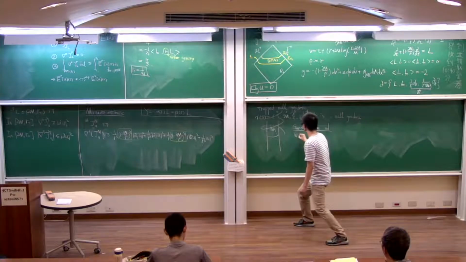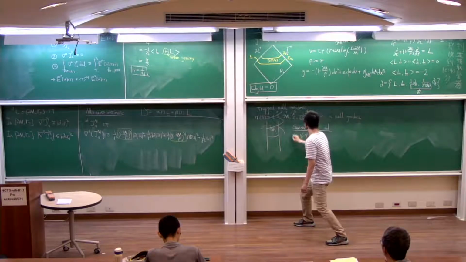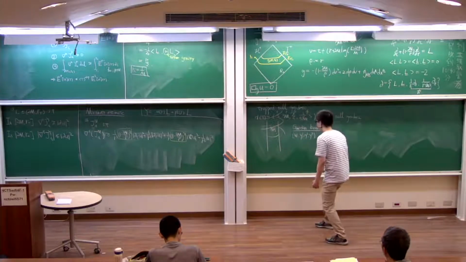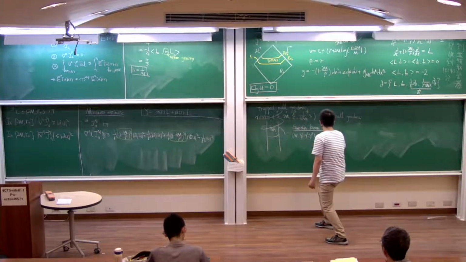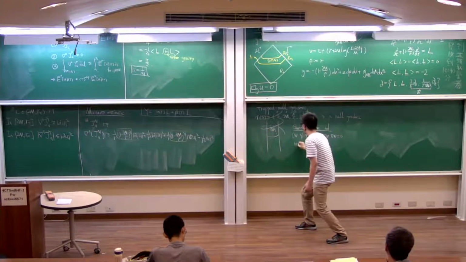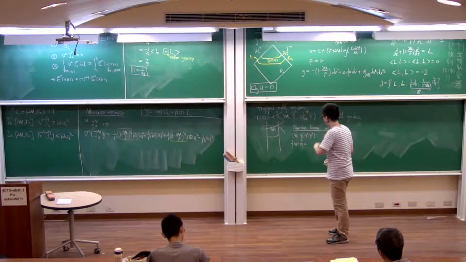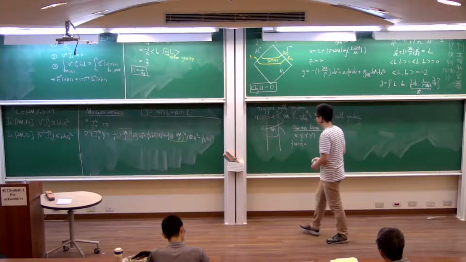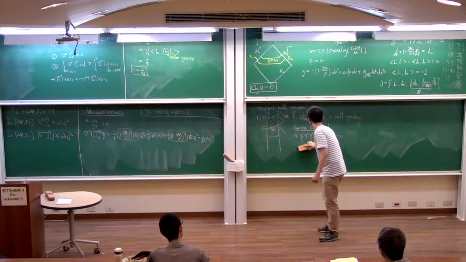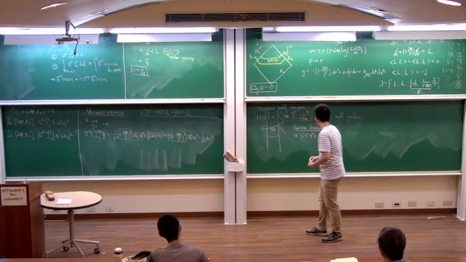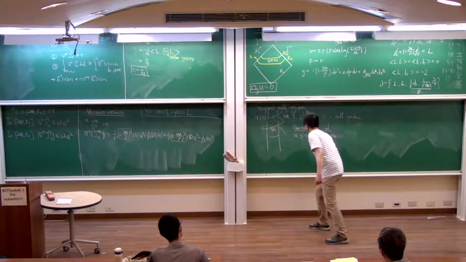So let w, y1, y2, y3 be a coordinate system near the null geodesic. w is a null coordinate in the sense that dw dot dw equals 0.